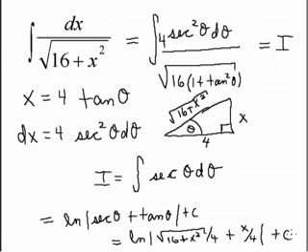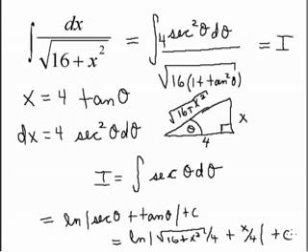Now here is another example. Suppose we wish to evaluate the integral of dx over the square root of 16 plus x squared. Clearly, a is 4, and we're going to let x equal 4 tangent of theta. dx is 4 secant squared theta d theta.